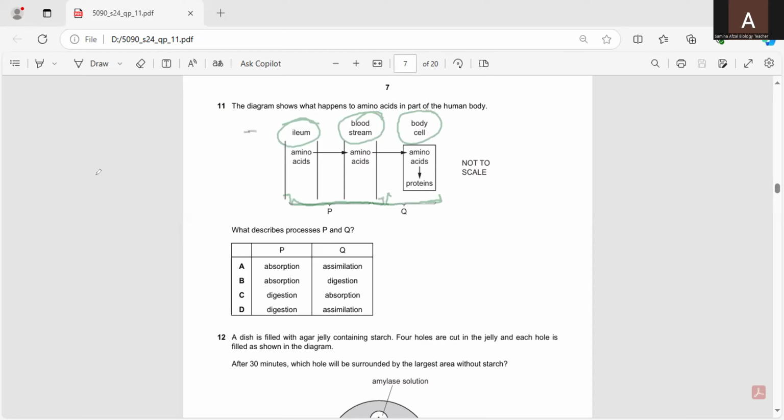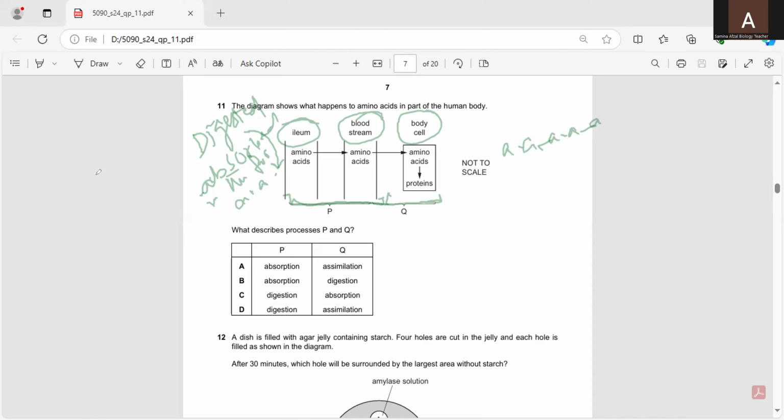So amino acids means the food is digested and then it is absorbed in the form of amino acids. So in this case, the answer will be P and Q. In the body cells, amino acids are joining together to make protein molecules.